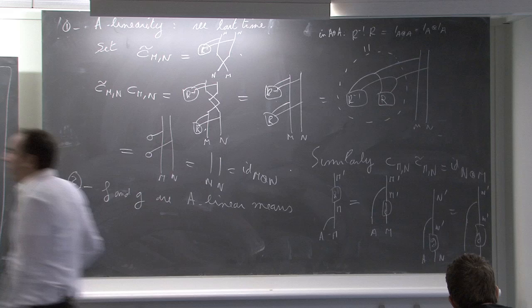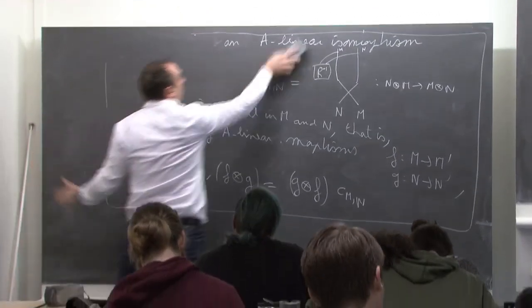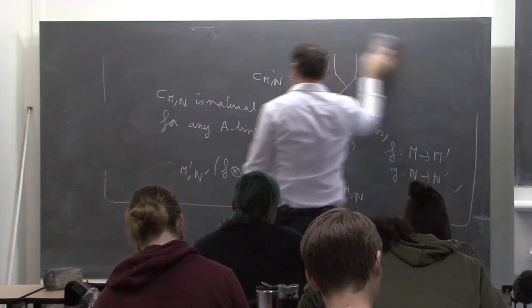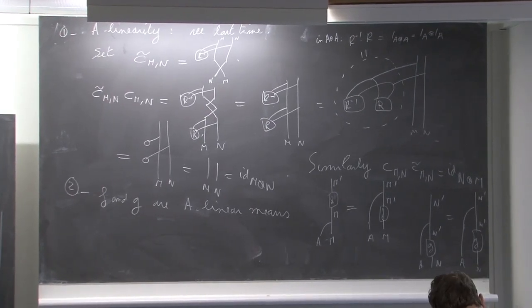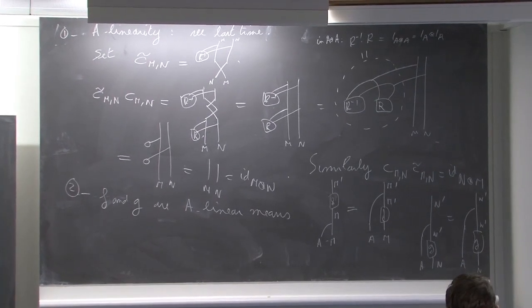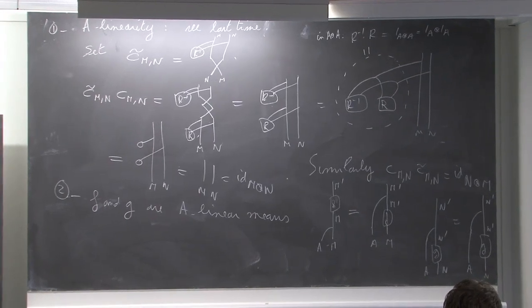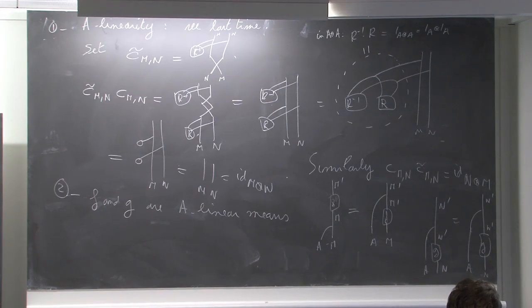And thus, how do we verify this identity? Then what do we have?